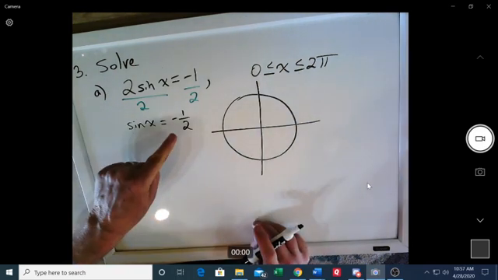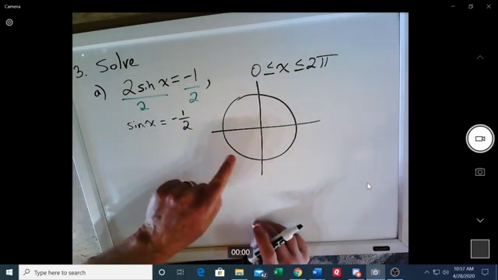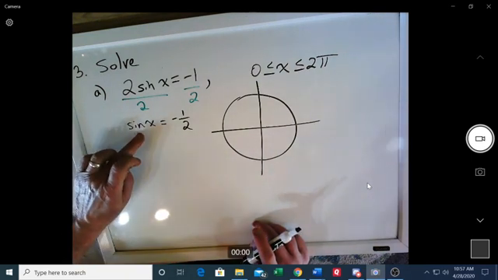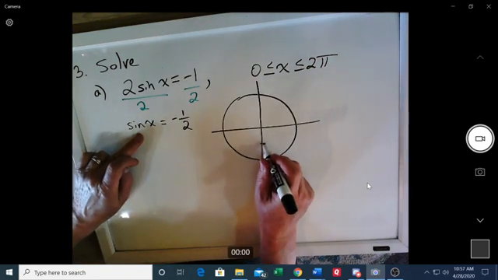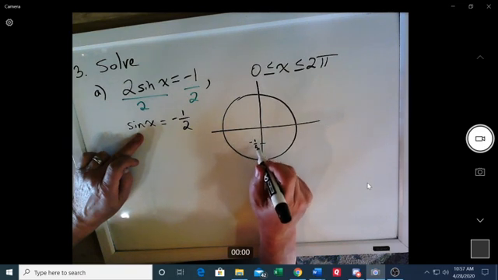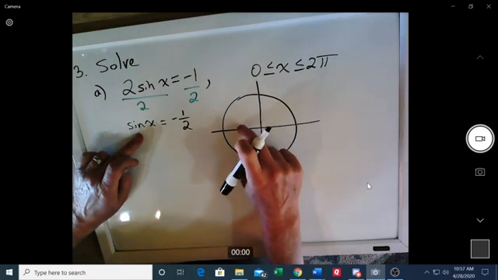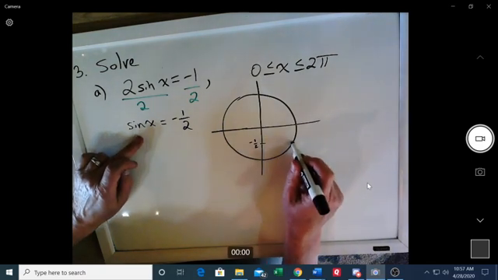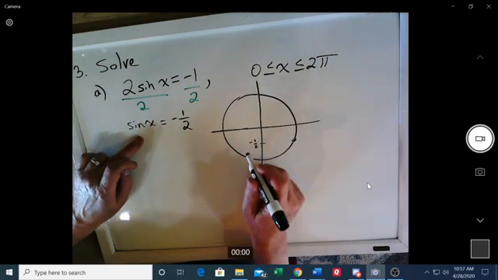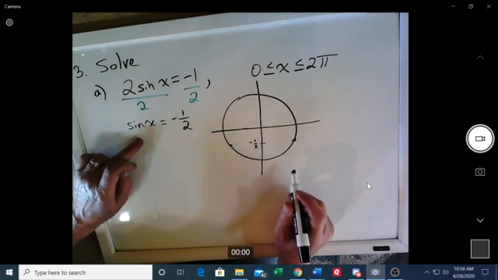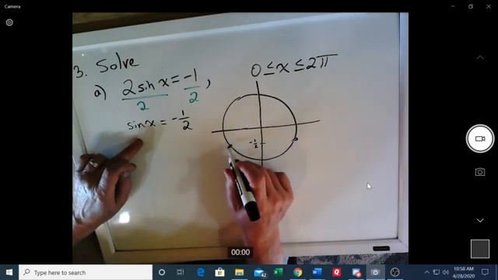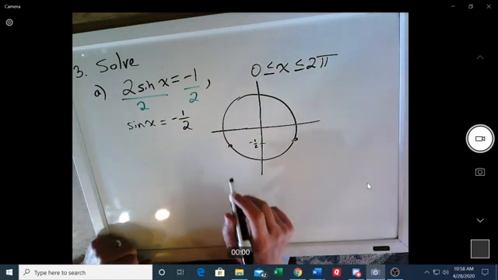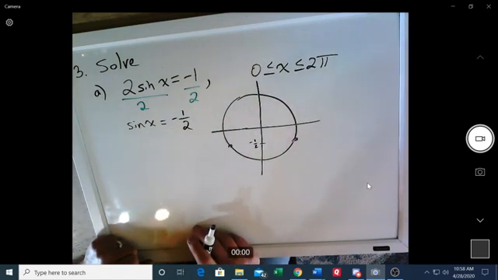I make this negative 1/2 either on the x-axis or on the y-axis. Since this is the sine function, I put it on the y-axis. If it was a cosine function, I'd be putting it on the x-axis. Okay. Now, I see that there are 2 such angles, over here and over here, that are going to be solutions to this.